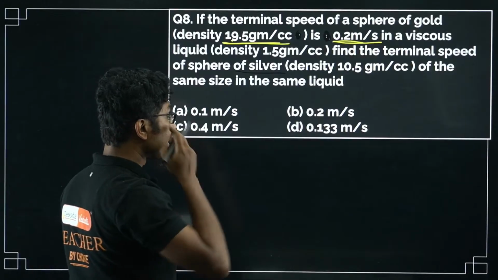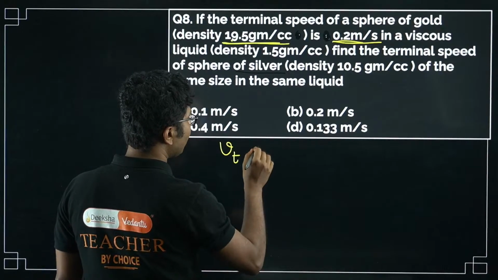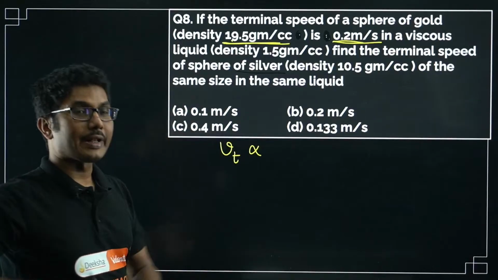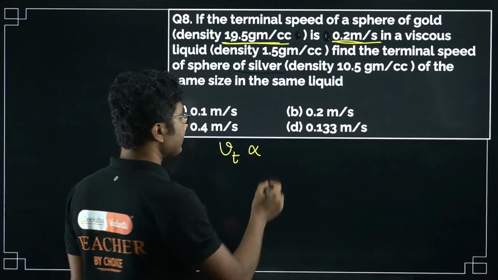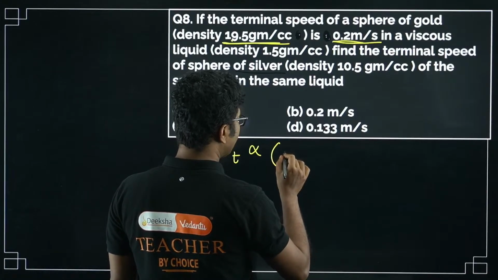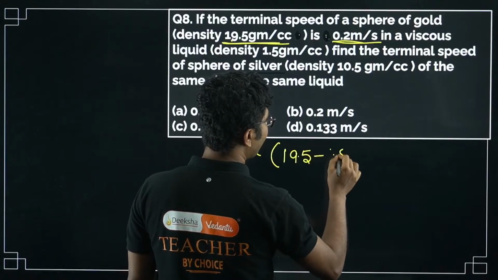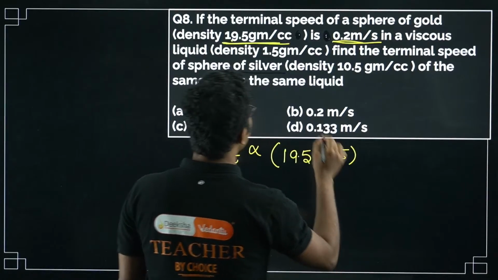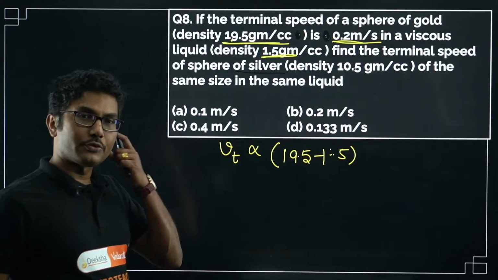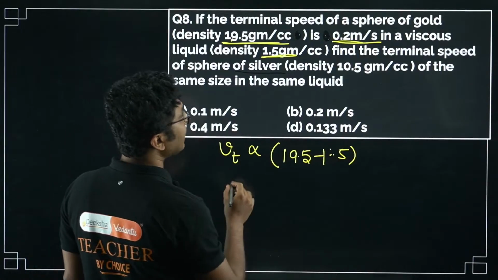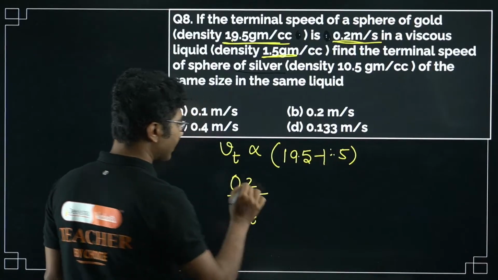To solve this question you have to remember that terminal velocity is proportional to the difference in the density of the material and that of the liquid through which it is falling. So it is basically 19.5 minus 1.5, as the density of the fluid is 1.5. Initial terminal velocity is 0.2. Final terminal velocity, say Vt dash.